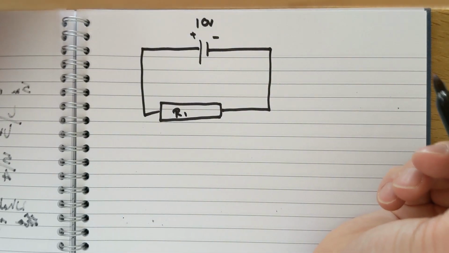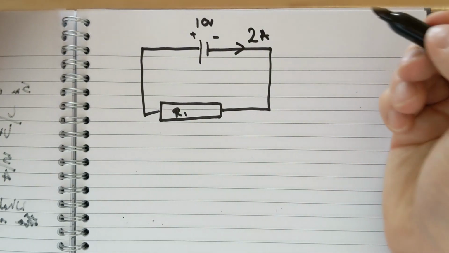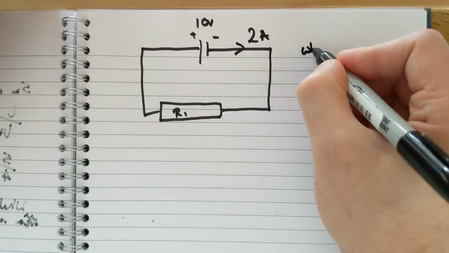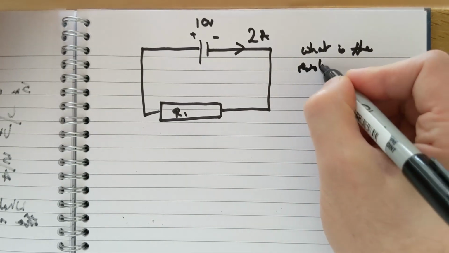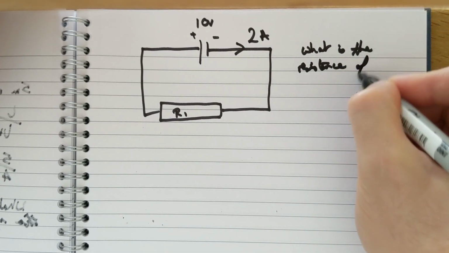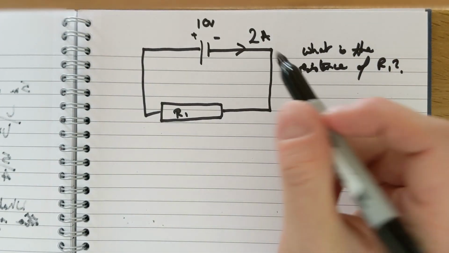It's just like school. We're given the current, say 2 amps, and the question is, what is the resistance of R1? Again, this is a very trivial example.